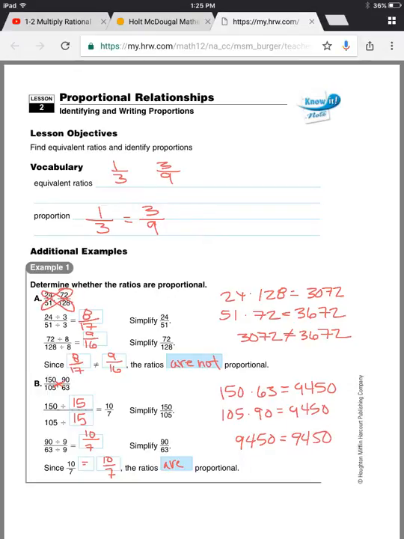So you can do it either way. You have to show what you're multiplying by if you do it the second way, and you have to show what you're simplifying by if you do it the way the book does it.